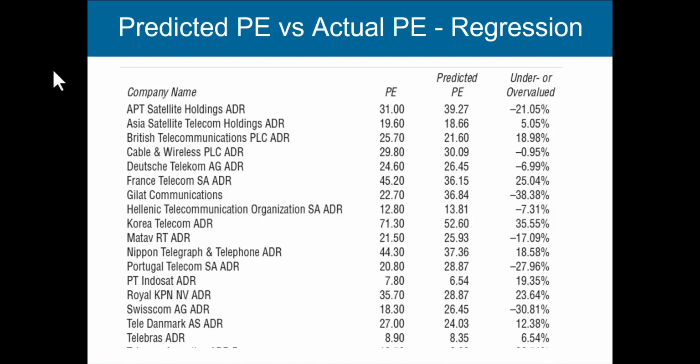These are all telecom companies, which is trading at a P multiple of 22, whereas it should be trading at 36.84, which means that it is undervalued by 38%. Is that okay? And all those which are positive, they are overvalued, which means the predicted P ratio is 18.66, whereas it is trading at 19.60. Asia Satellite Telecom Holdings. Okay, fine.